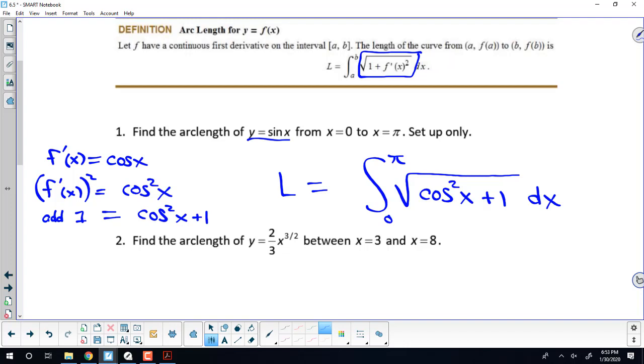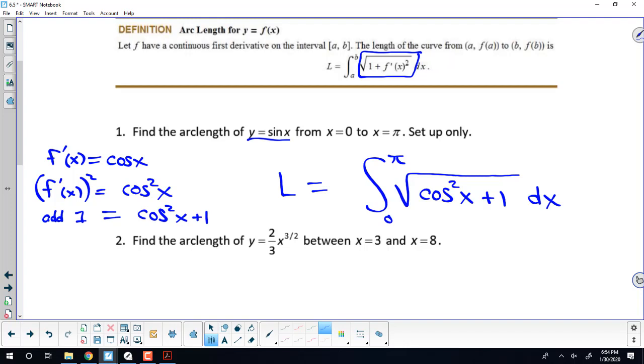Okay, so that's the basic idea. You've got to find the derivative, you've got to square it, you've got to add 1 to it, and then you've got to put all that stuff under the square root. As you would expect, most of these things were sort of limited because even computing the integral of the square root of cosine squared plus 1 is a really difficult thing to do.